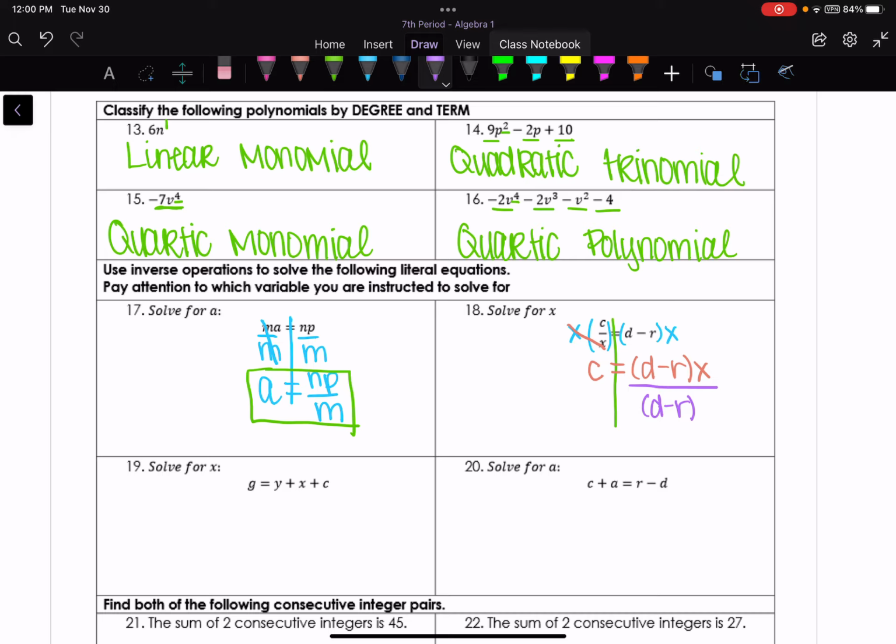By doing that, we are leaving x on the right side, and what we do to one side, we have to do to the other, so d minus r. So when we divide, we are left with x equals c over d minus r. And that is my final answer for solving this literal equation.